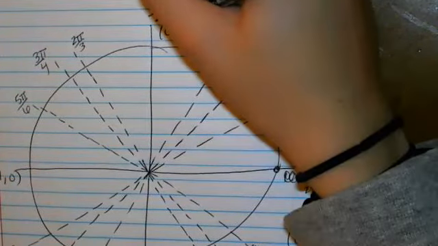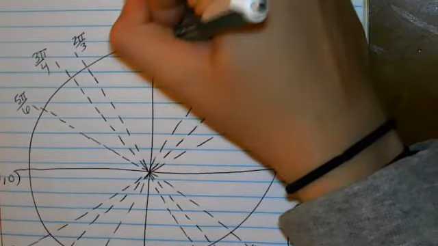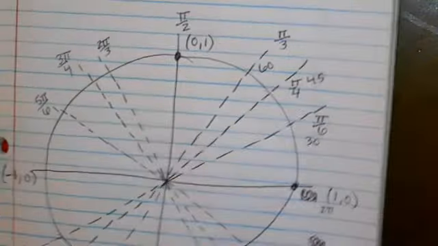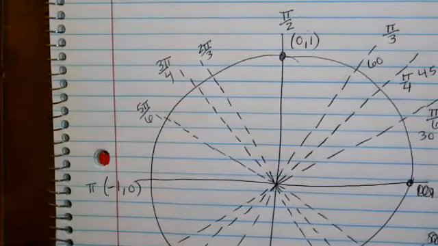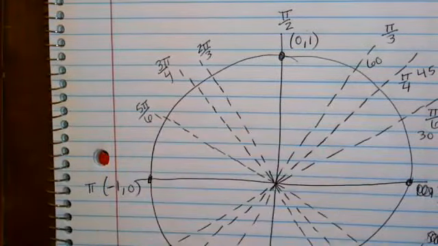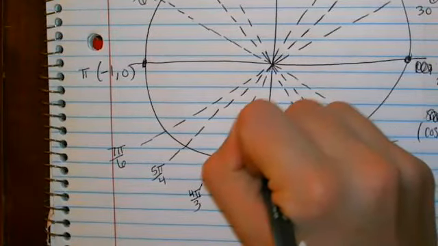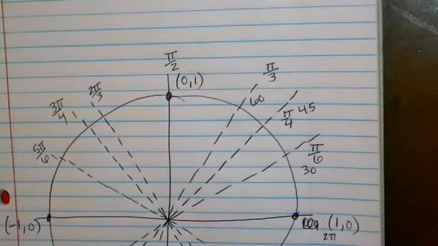This point up here is 0, 1. We went over 0, up 1. Over here, we have negative 1, 0. And down here, 0, negative 1. So we can label all those points with whole numbers. The rest of them are going to be kind of nasty fractions.